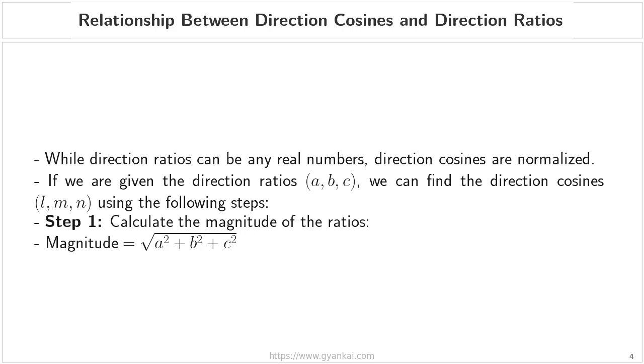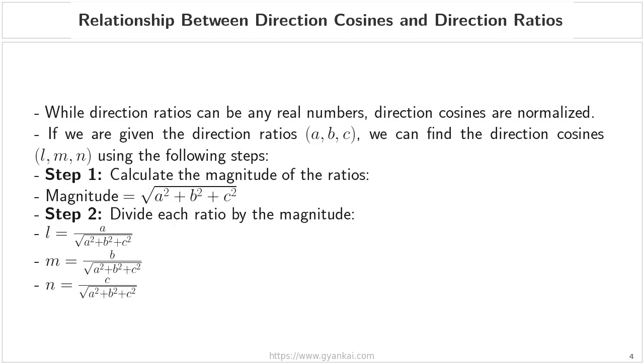Step 1, you need to calculate the magnitude of these ratios. To do this, you take the square root of a squared plus b squared plus c squared. Think of this as finding the length of the vector formed by these ratios. Step 2. Once you have that magnitude, you simply divide each of your original ratios by this value.